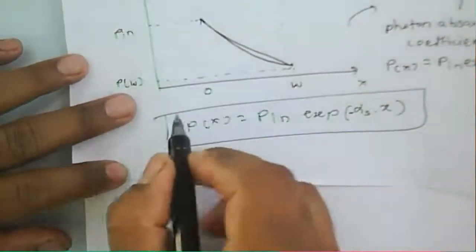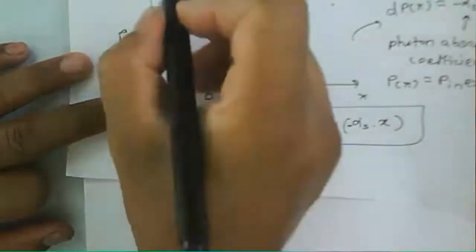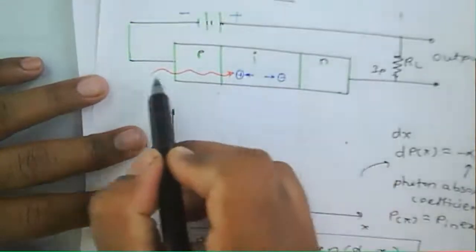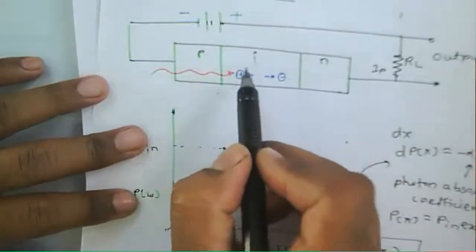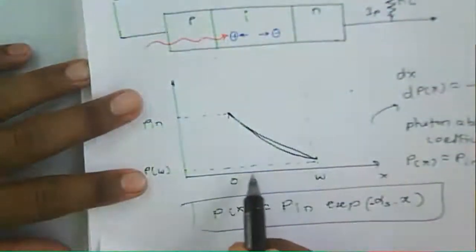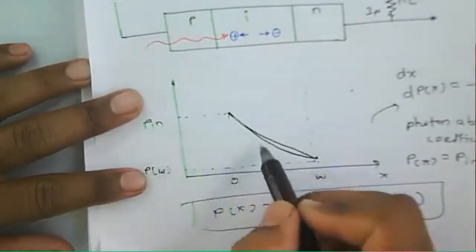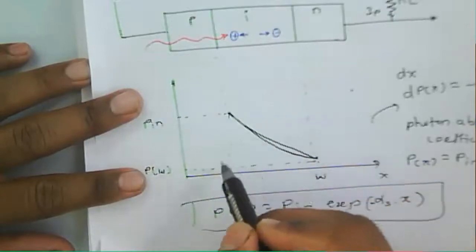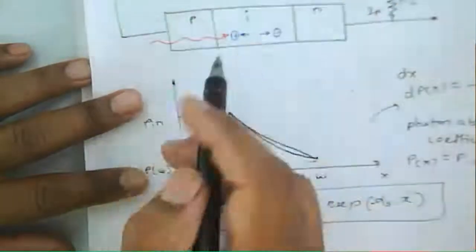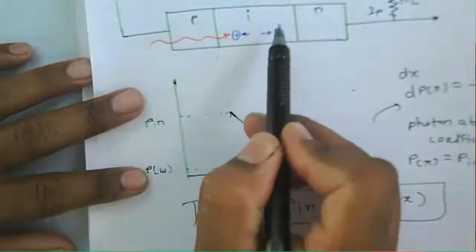Now, if you see the power level, it depends upon the depth of penetration of this power level inside this intrinsic region. And we say that the intrinsic region has the width W. That's why it's 0 to W. That's why the power is exponentially decaying. And this I region is very large, while the P and N are very small.